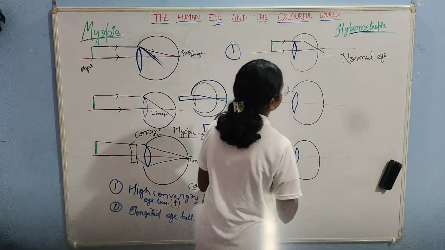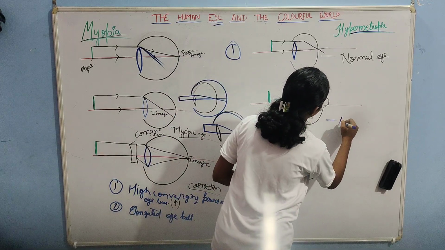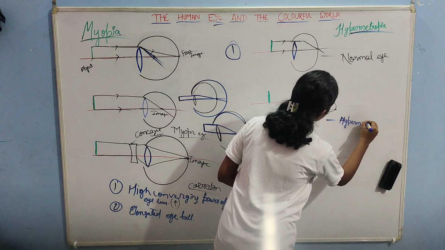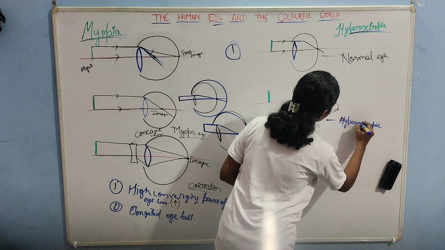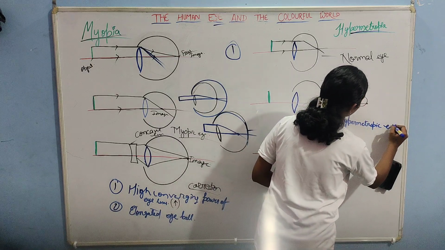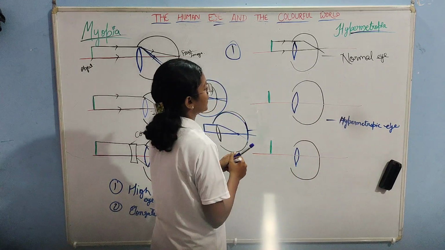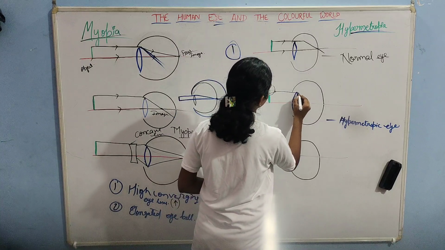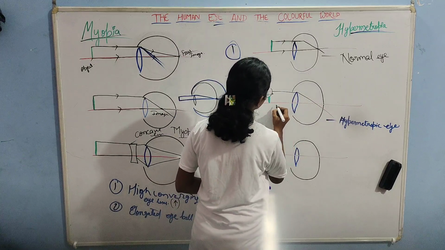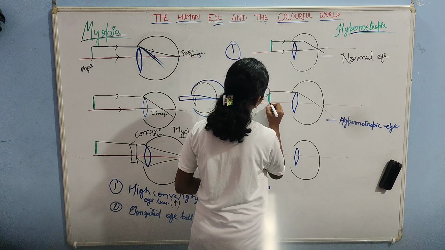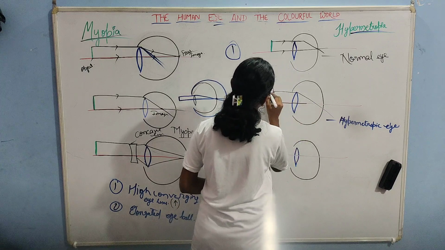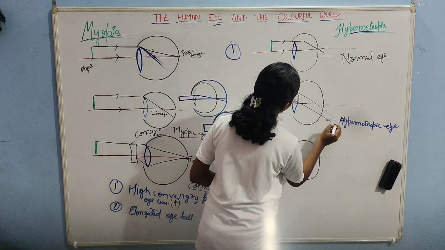But in a hypermetropic eye, the image will form like that.